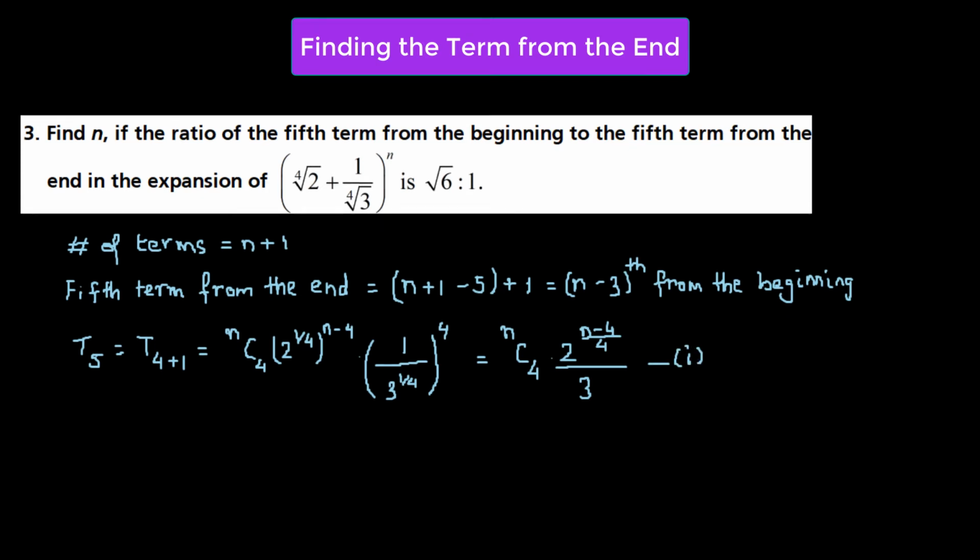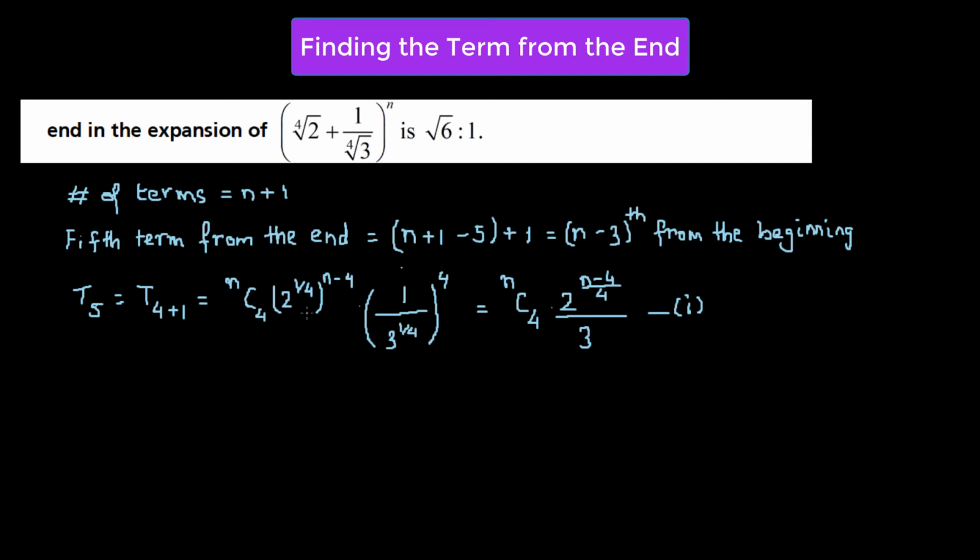Then we find out the value of the n minus 3rd term. So this will be t n minus 3. This will be equal to t n minus 4 plus 1. We can rewrite n minus 3 as n minus 4 plus 1, which will be equal to nC n minus 4. The first term will be 2 raised to the power of 1/4, whole raised to the power of n minus 4.